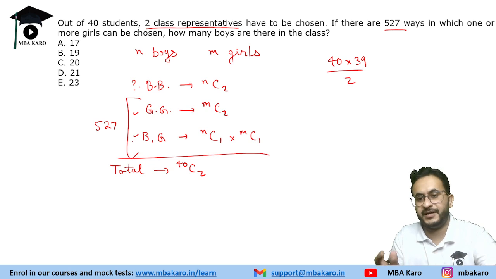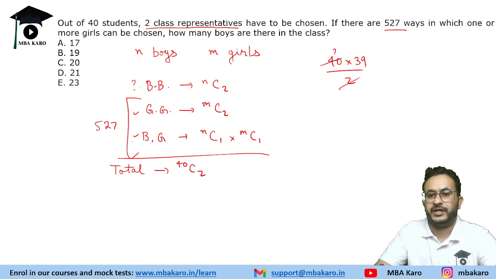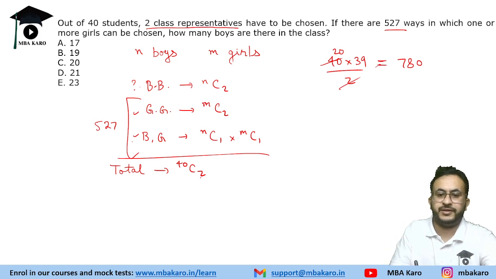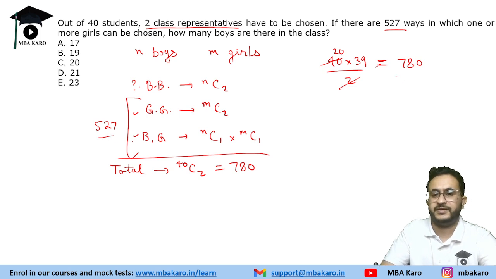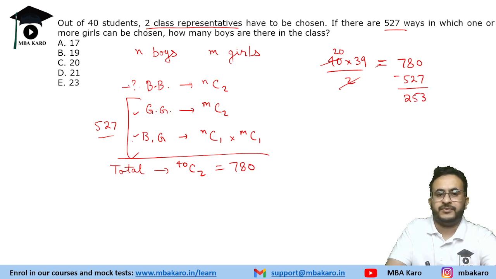NC2 is n into n minus 1 by 2. So you will get 20 into 39, that is 780. So 780 total ways. 527 are these two. So if you subtract 527, you'll get 253 ways in which we can select both boys.